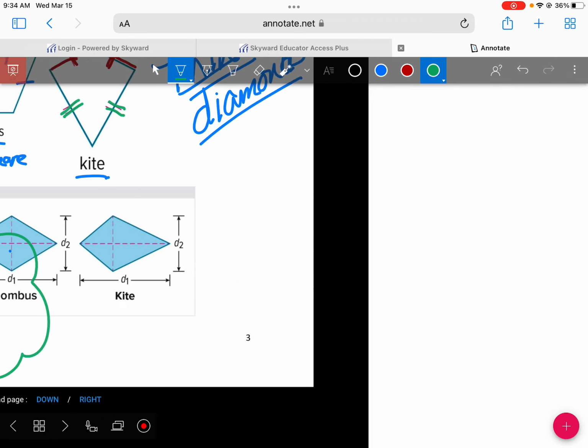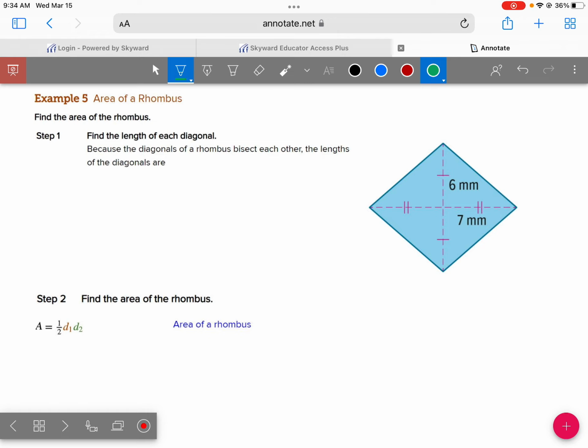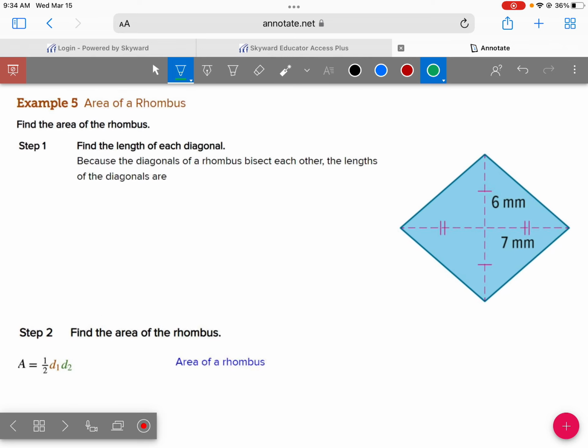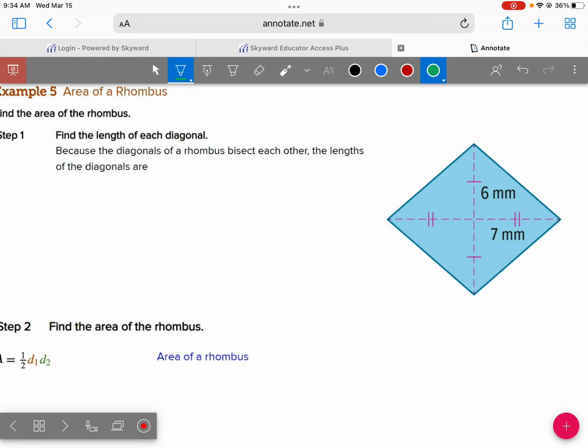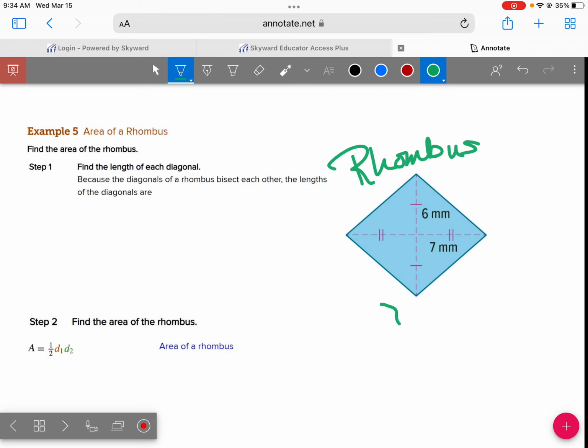All right, let's go to the next page. Let's do an example of each. So here's my diamond shape. And it says the diagonals of a rhombus, this is a rhombus, they bisect each other. So this 7 millimeters on the right is also going to be 7 millimeters on the left.